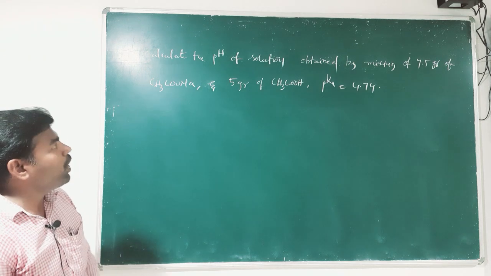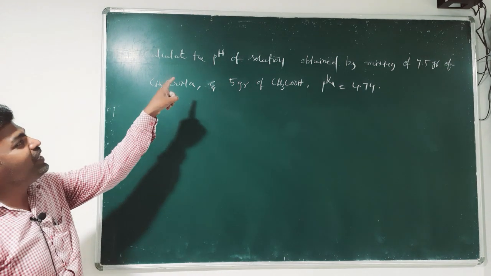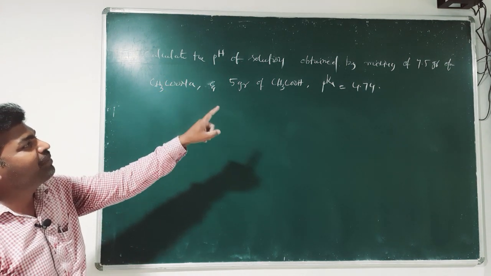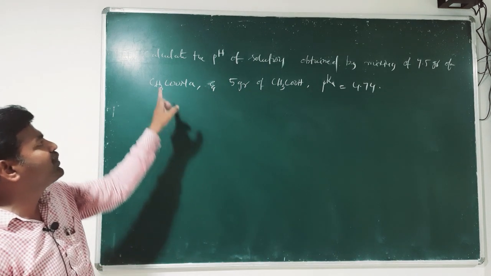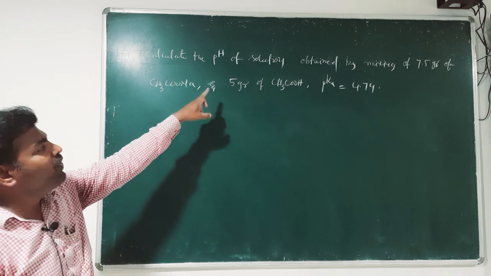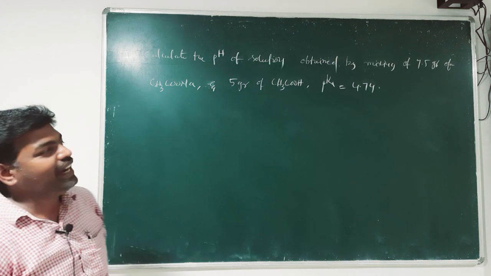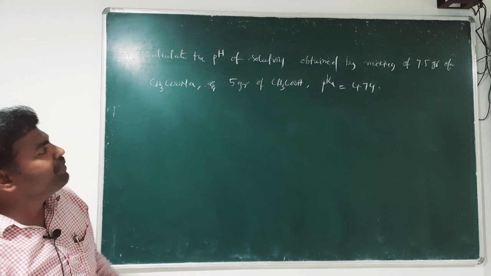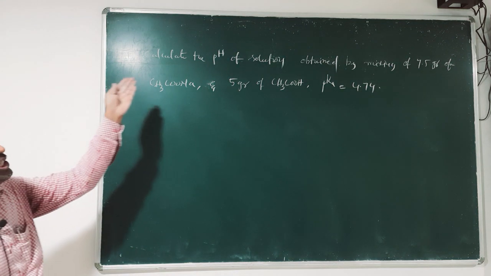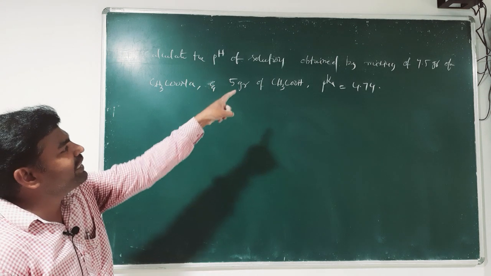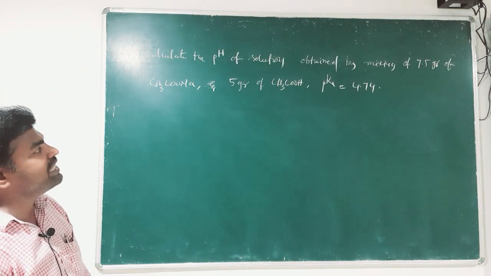Okay, and problem 7 is: calculate the pH of the solution obtained by mixing 7.5 grams of sodium acetate and 5 grams of acetic acid, given that the pKa of acetic acid is 4.74. By reading this problem, I came to know that it is an acidic buffer.